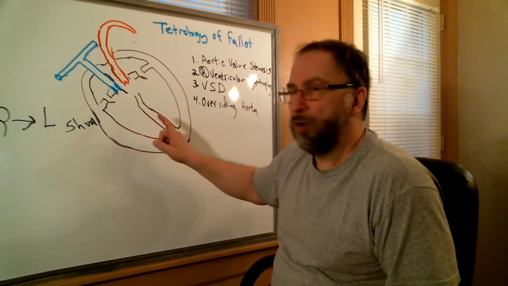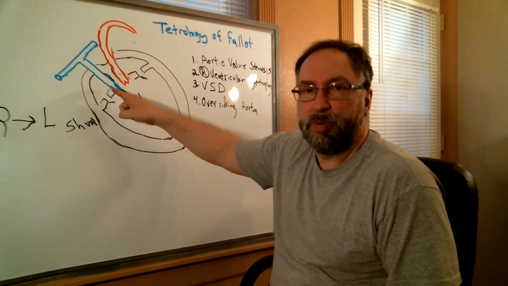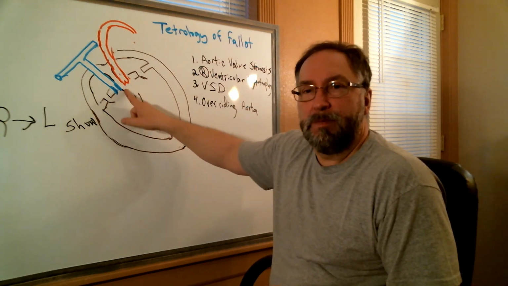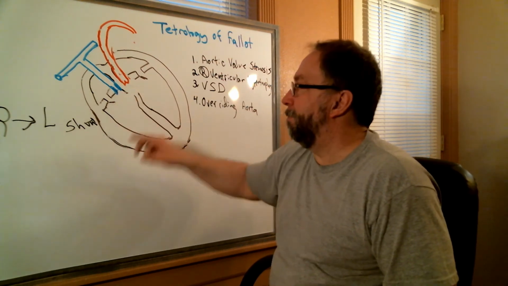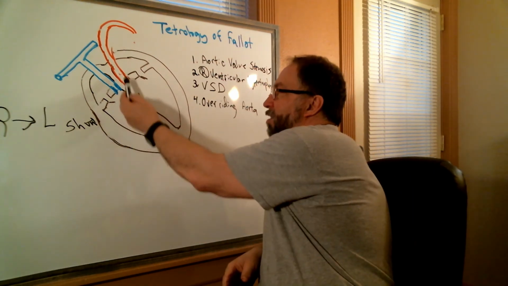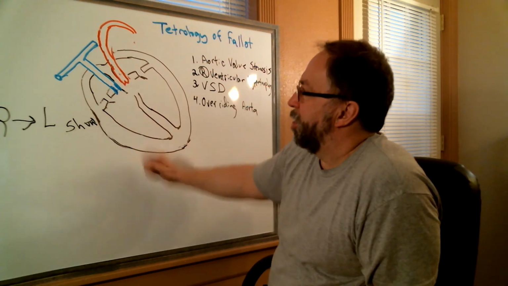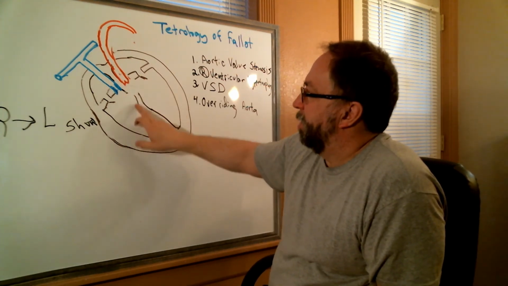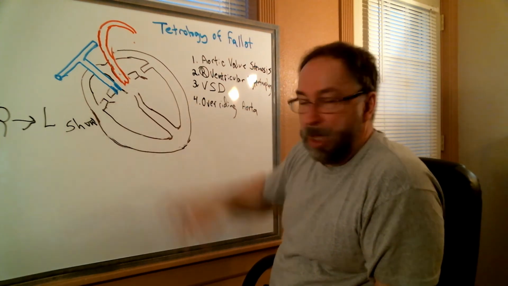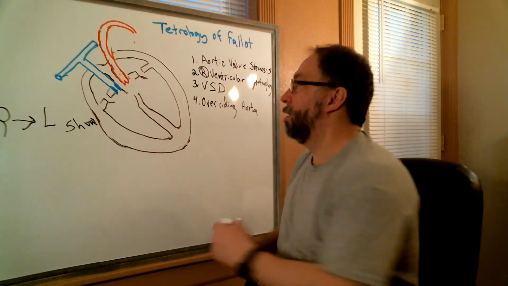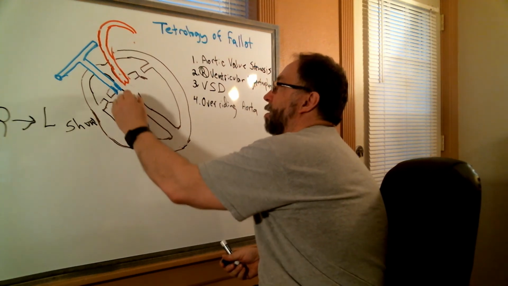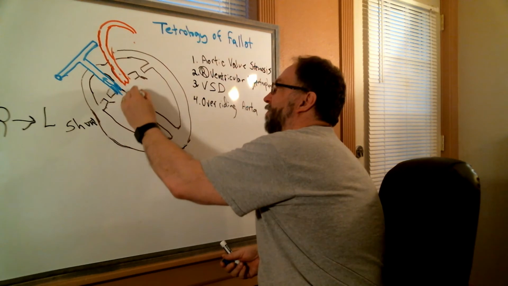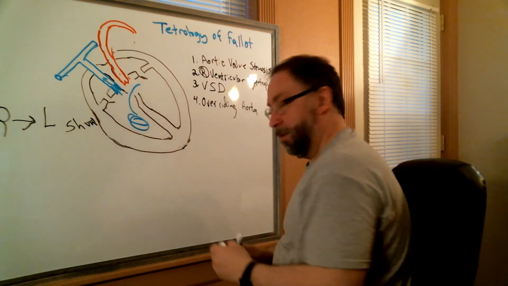This guy has worked out so hard trying to push through there, through this pulmonic valve stenosis. And then you've got this overriding aorta. So when it pushes over like this, it's pushing off into this side. So you've got your blue blood over here. Some of it comes up through here. Some of it comes over in here, right?